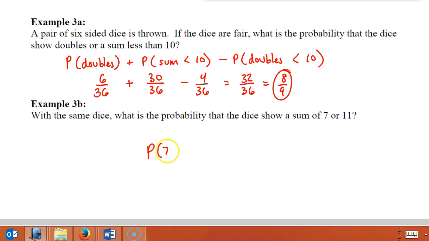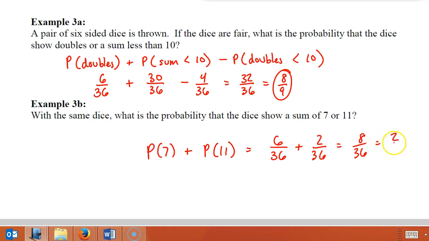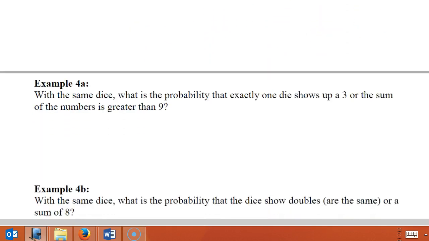So the probability of getting a sum of 7, plus the probability of getting a sum of 11. And when you look at your sheet, there's a 6 out of 36 chance of having a sum of 7, and a 2 out of 36 chance of getting an 11. So 8 out of 36, which reduces to 2/9, is your answer.